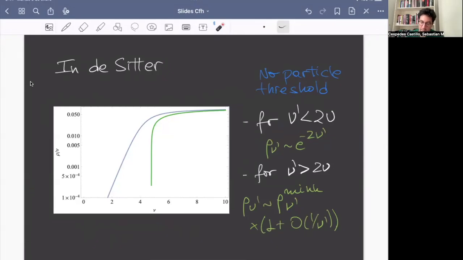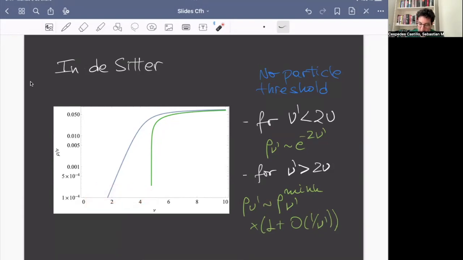Now, very interestingly, the case of de Sitter is a bit different. First, there is no particle threshold, but instead the spectral density is exponentially suppressed for very light particles. That means that the region which is different from 0 will only contain a very small support.